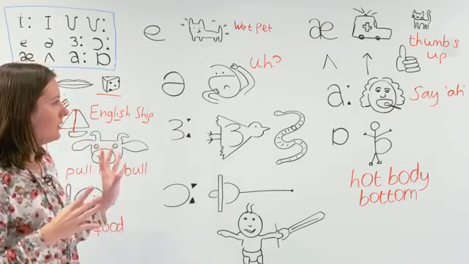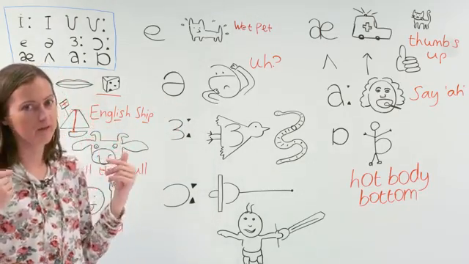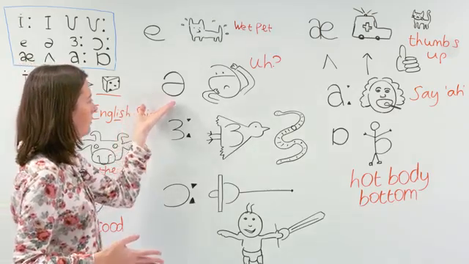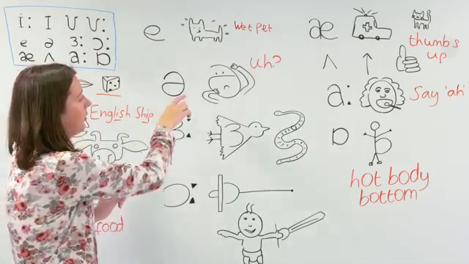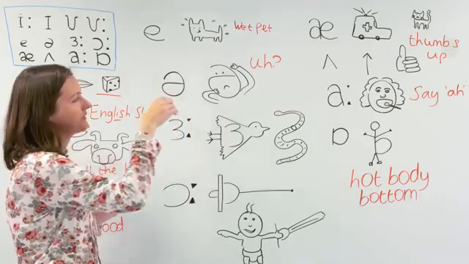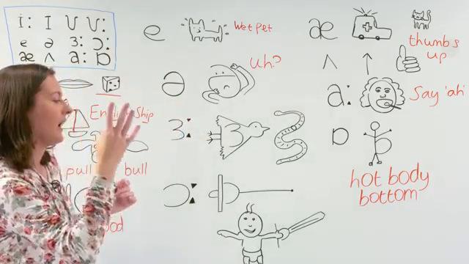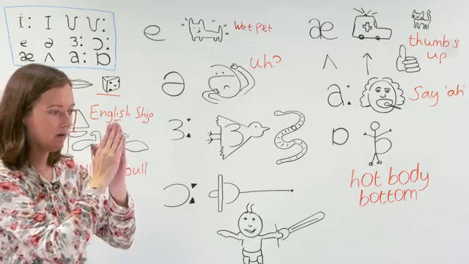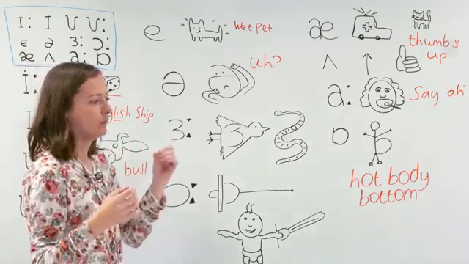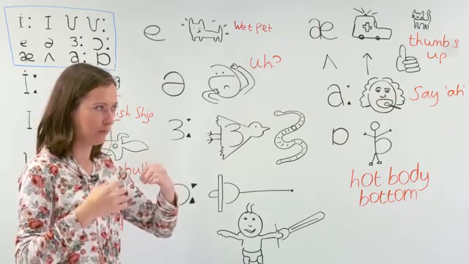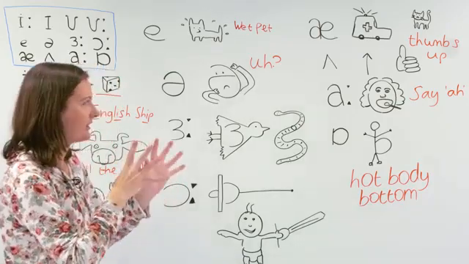Next we have the schwa. The schwa, I remember it in a few ways. First, I remember it as the upside down E, but I also remember it's hard to say the schwa on its own without it being in a word, but it's something like that.